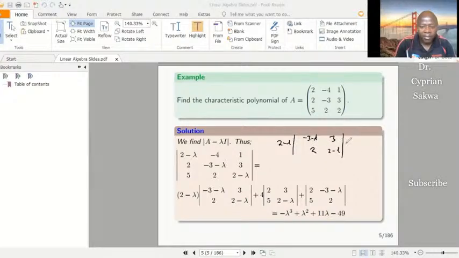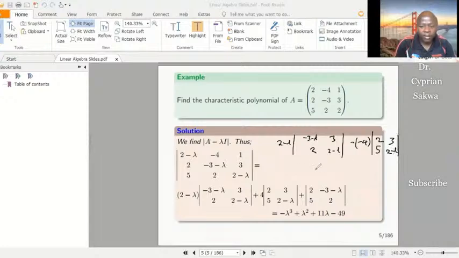Then I will say minus times this element, which is negative 4, multiplied by the determinant of the matrix that remains when you delete the row of 4 and the column of 4. So you're left with 2, 5 and 3, 2 minus lambda.